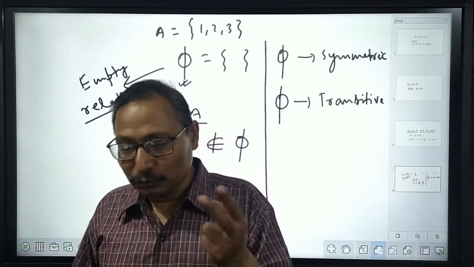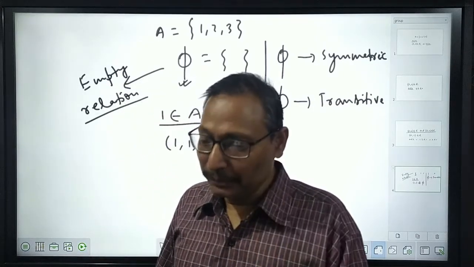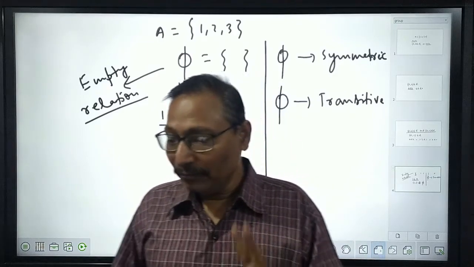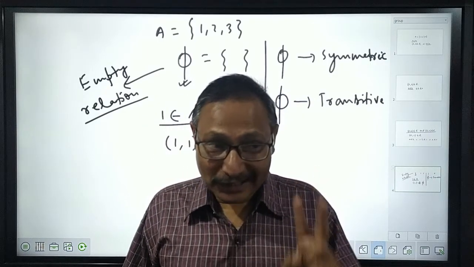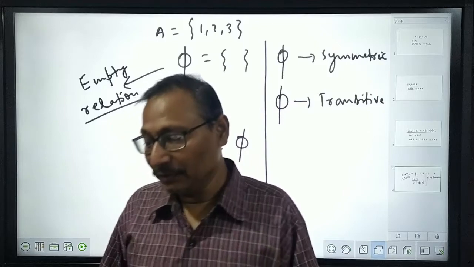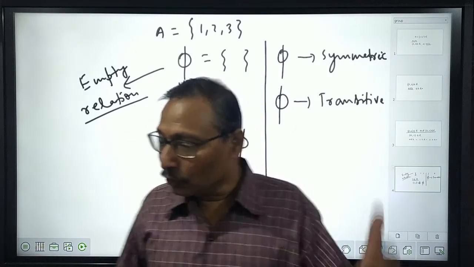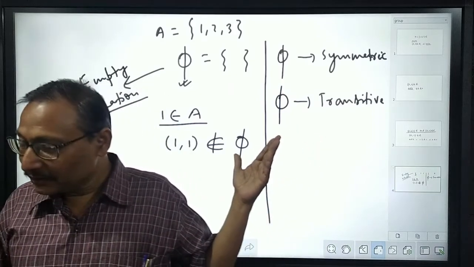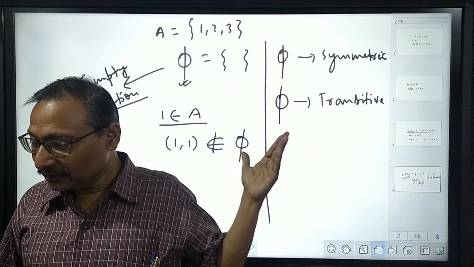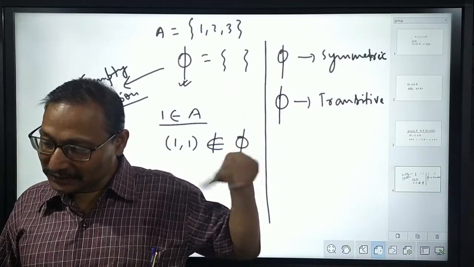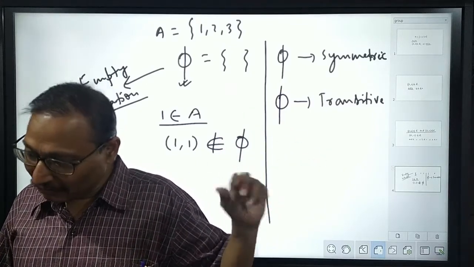First of all, mind it, we are to pick such two pairs from the given relation, but here we cannot pick. We could not pick one element from the given relation, so we could not conclude that its converse will be there or not.